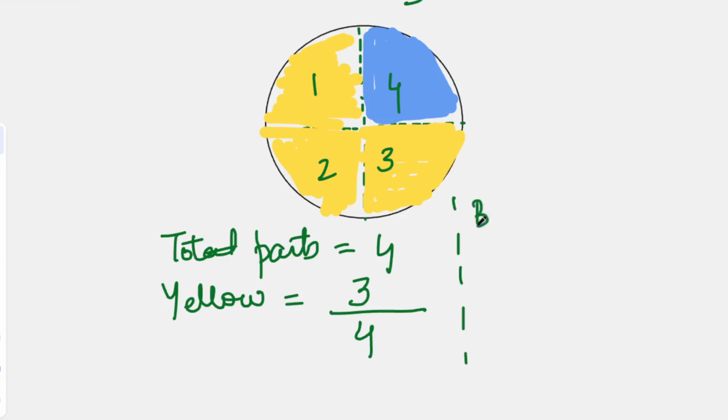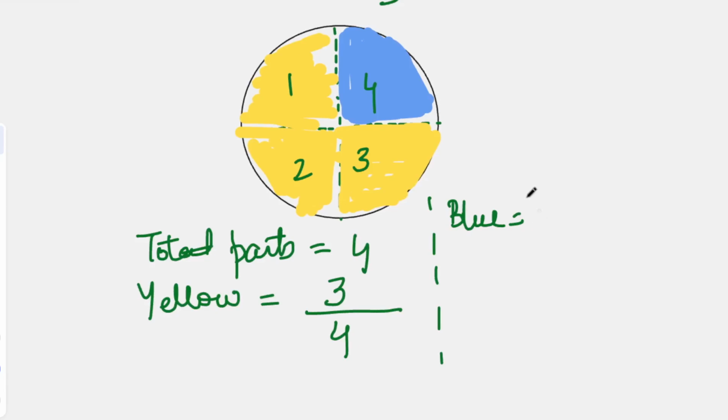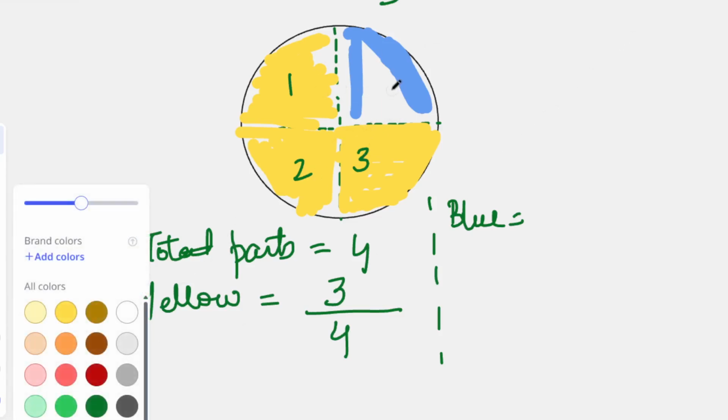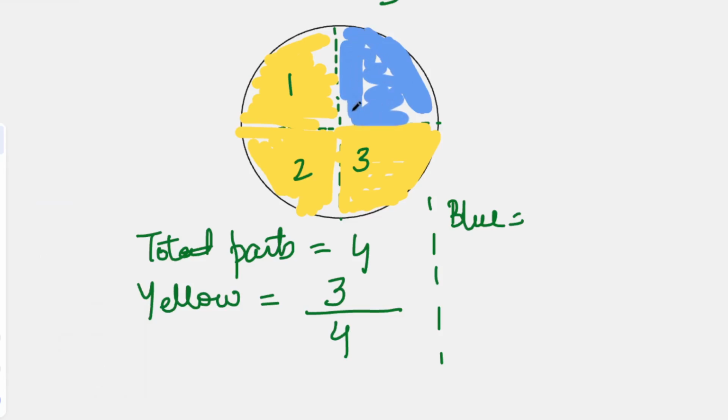And for the blue part, what will be the fraction which represents the blue part of the circle? How many parts are there in blue? Just 1, right? So we can write, let me shade it again. How many parts are in blue color?